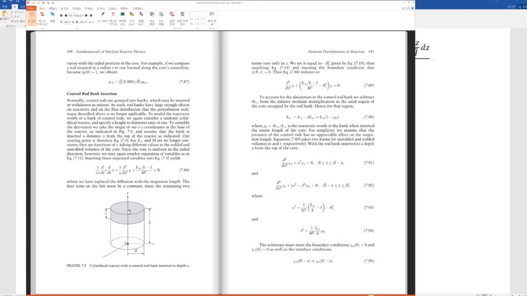That means in the radial direction we do not have any dependence in terms of the effect of the control rod. So we do not have any effect on the radial direction.